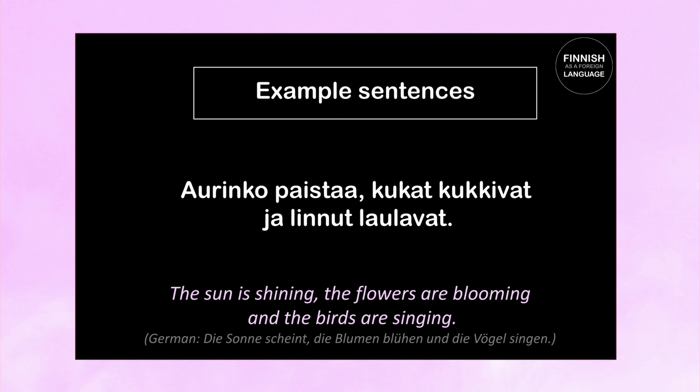Here it's interesting because kukat is the nominative plural of kukka, which means flower. And again, because we use the nominative plural here, our verb has to stand in the third person plural, which is why we say kukkivat, which is the third person plural of the verb kukkia, which means to bloom. Then we have ja, which means and. Linnut laulavat means the birds are singing.